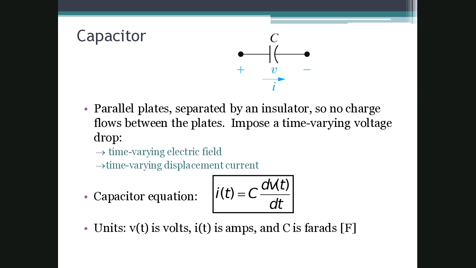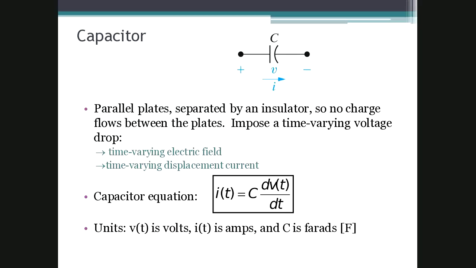Now the second bullet here gives us the root equation for looking at current with respect to time for a capacitor. So i(t) is equal to C, which is for capacitance, times dv(t)/dt. Now again, remember that we discussed a little bit about derivatives, and we're looking at the top, what's on the numerator, a difference in the function of voltage with respect to time over dt, for a small differential in time.